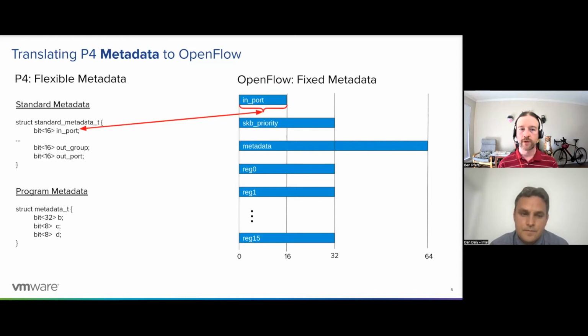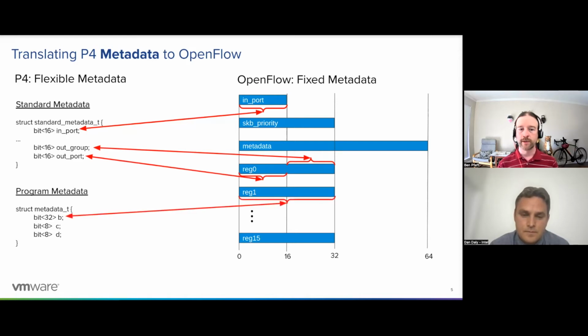So there's a few standard metadata fields that have direct equivalents, like in_port here. Other P4 standard metadata fields don't have equivalents, so OfP4 just picks generic OpenFlow metadata to map them to. And we can see that here for outgroup and outport that get mapped to different parts of reg0 in this case. Program-specific metadata never has direct equivalents, so OfP4 always picks a generic OVS metadata field. And finally, OfP4 can use parts of OVS metadata fields for program-specific metadata too.